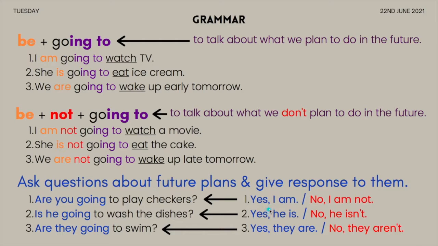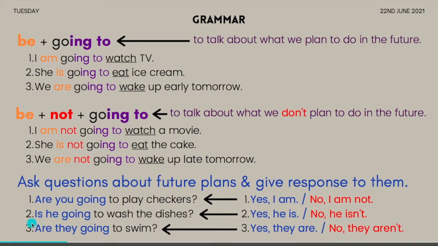Yes, comma, I, capital letter, am, full stop. Yes, I am. And if the answer is in negative form, you can write like the one written in red. No, comma, don't forget that. No, I am not.